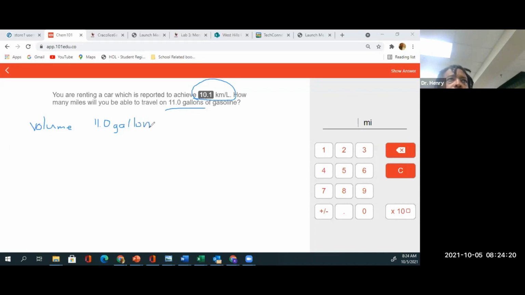And aren't liters volume? Okay, so we know that liter is also volume, right? So we need to convert our gallons to liters before we can use this conversion. And then we also have to convert kilometers into miles.